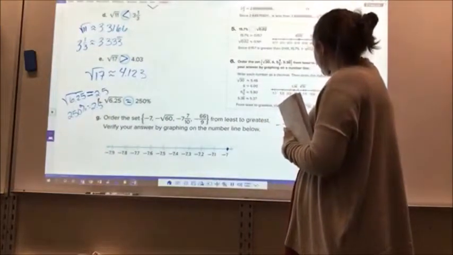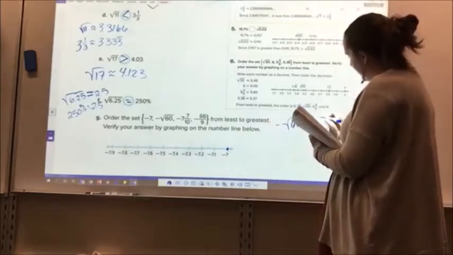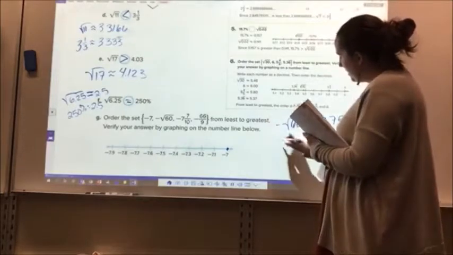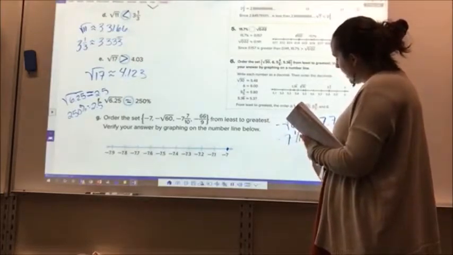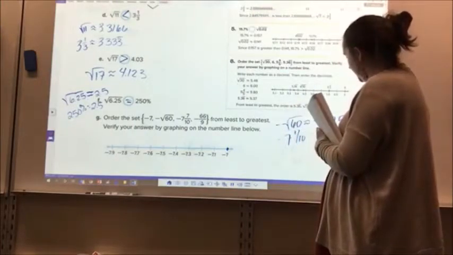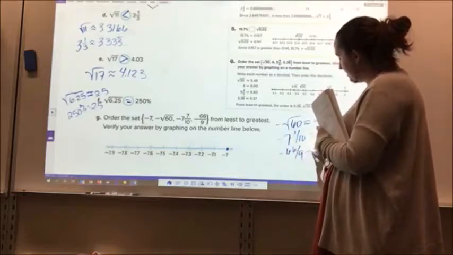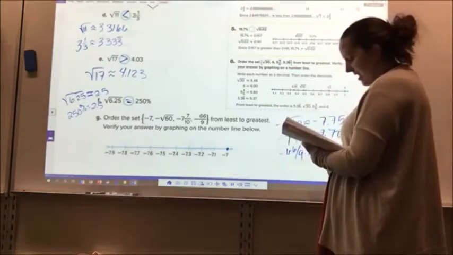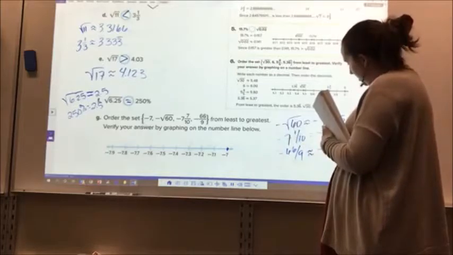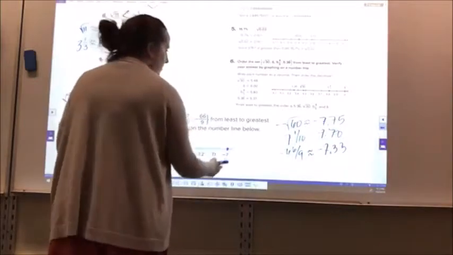Negative square root of 60 is approximately -7.75. -7 7/10 equals -7.70. -66 ninths is approximately -7.33. So there's -7.